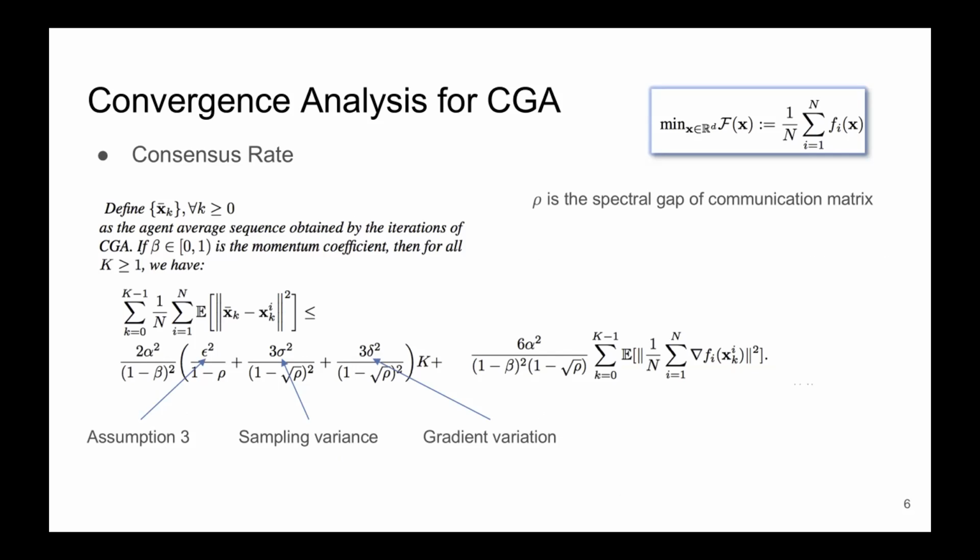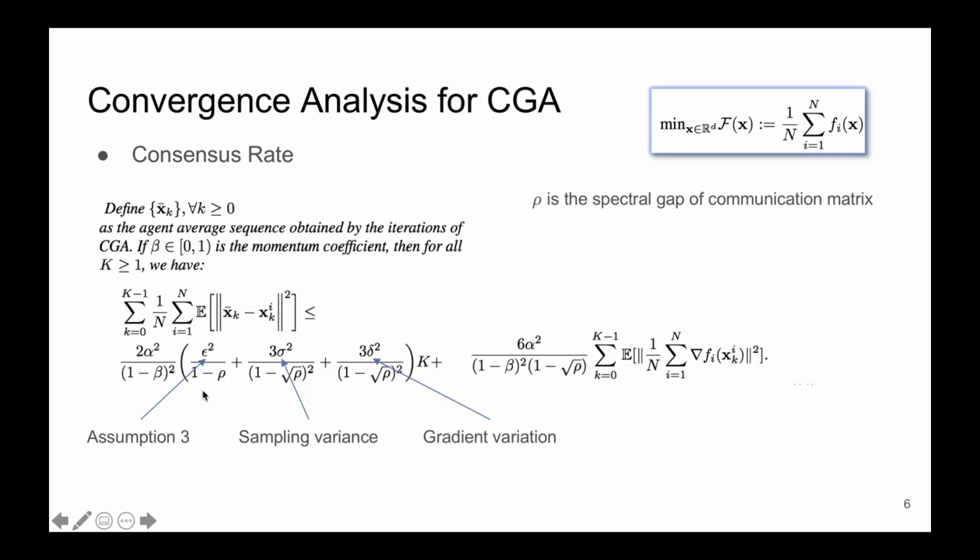Which shows how well the local projection problem is solved. And this part is related to sampling variance. This part indicates the gradient variance, which is determined by the data distribution.